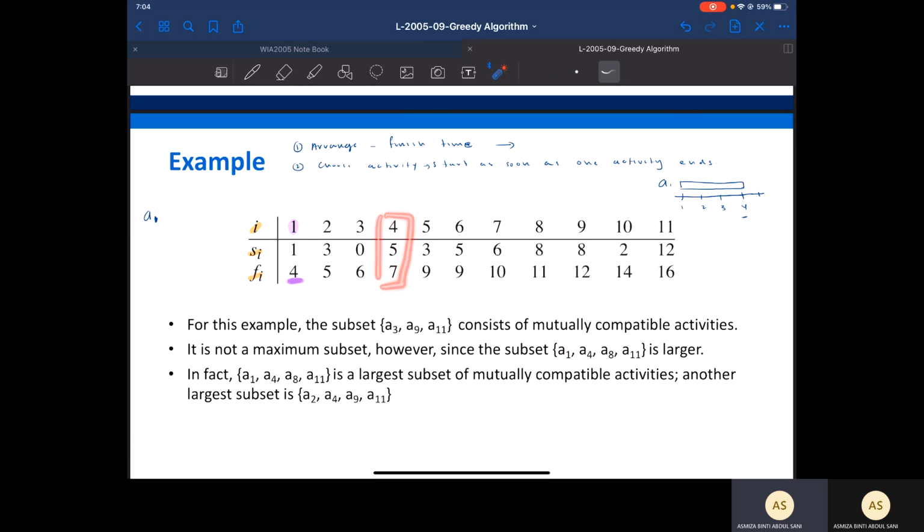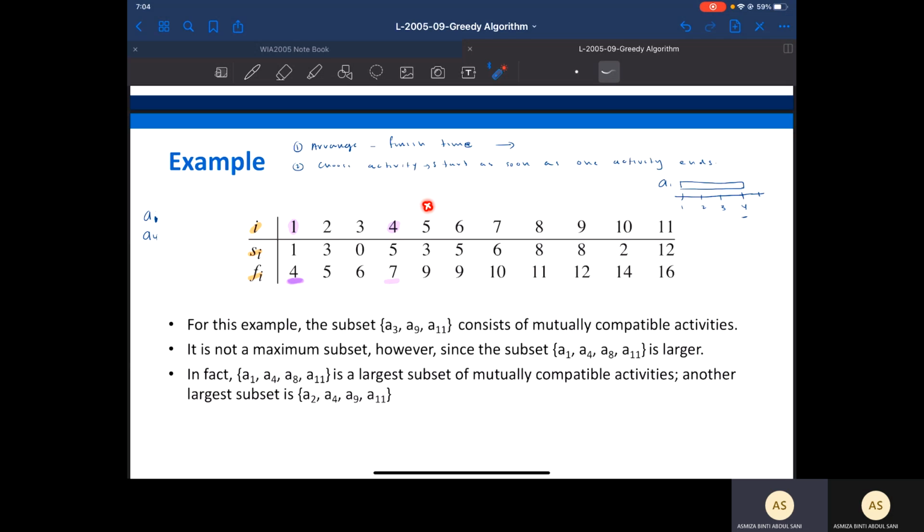is activity 4, right? So activity 4, which ends at time 7. Now we're going to look at what is the next activity that can start right after time 7.